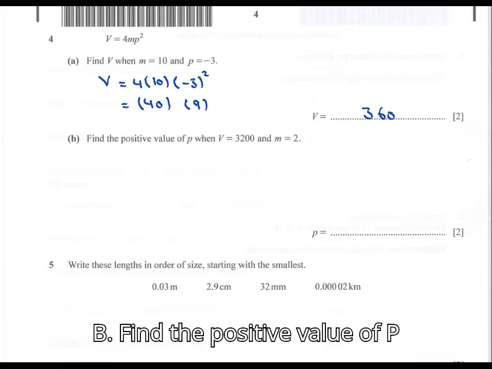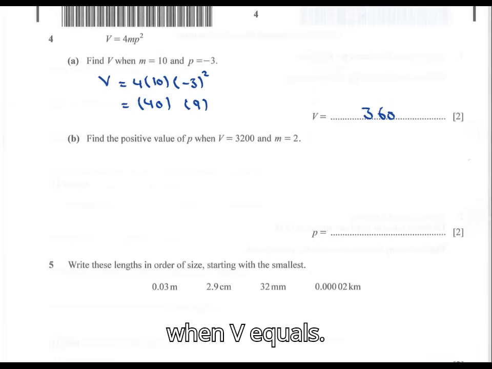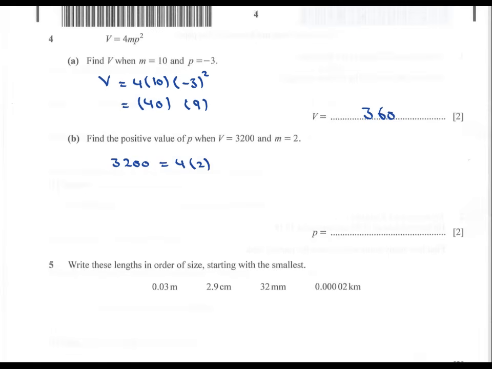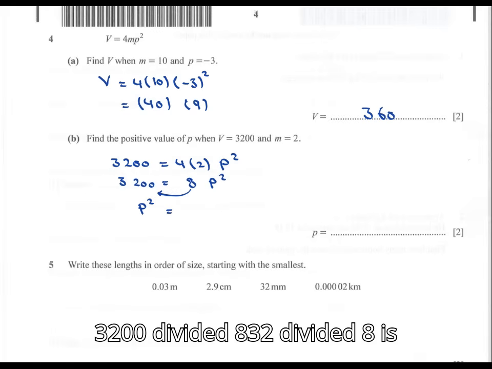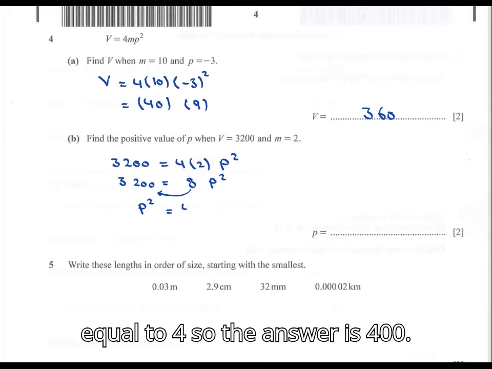B. Find the positive value of p when V equals 3200. 3200 divided by 8, 32 divided by 8 is equal to 4.